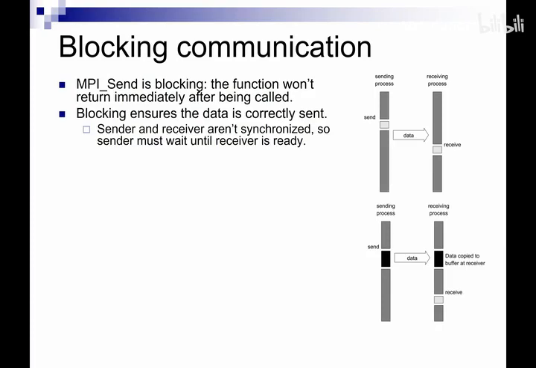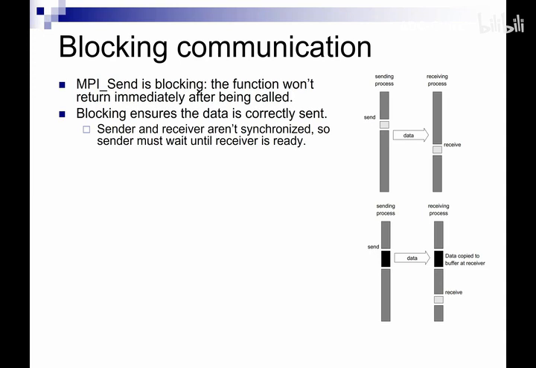The reason this function is blocking is to ensure that the data is correctly sent. Remember that in MPI, the processes are not synchronized with each other. So if I'm sending you a message, maybe you're not ready to receive that message yet, so I need to wait. If I want to send you a message, I start my send, but then I need to wait until you're ready to receive that message, in order to make sure that you don't lose the message.